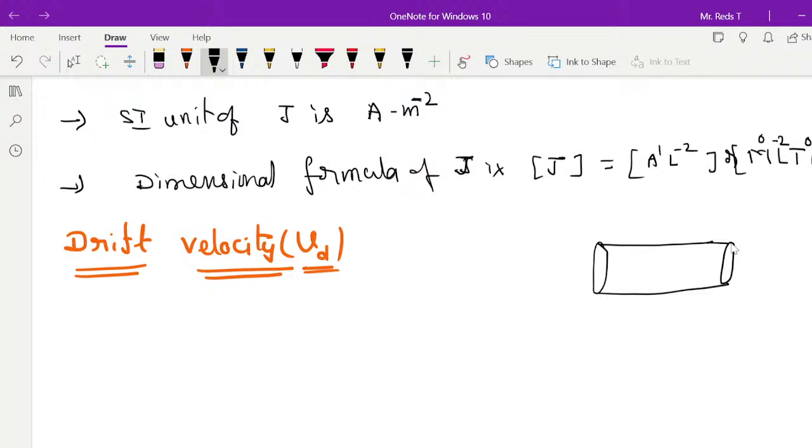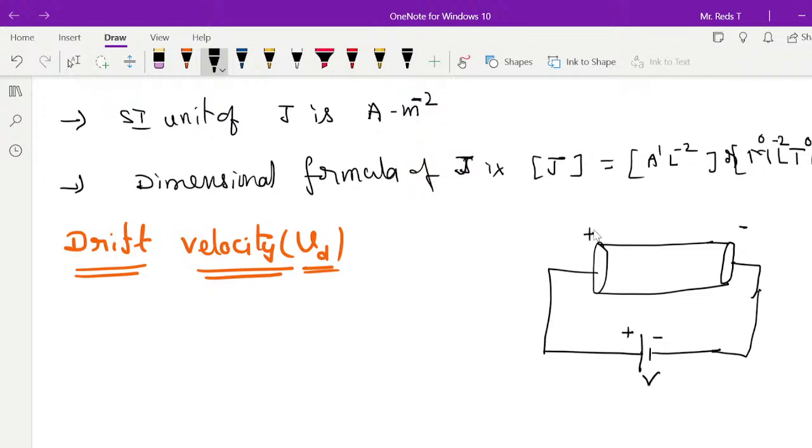We have already discussed that a conductor has free electrons, and at room temperature, due to thermal energy, they are in random motion. They undergo random collisions, and hence the conductor does not constitute any current. Net current will be zero.